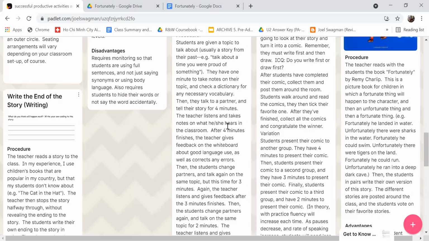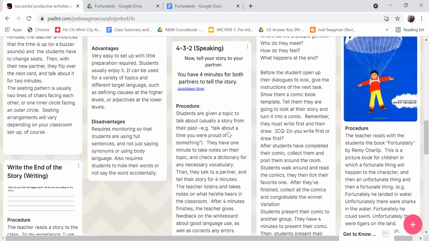The rationale behind having the students speak so many times is that the first time they're telling their story, they're so focused on the message of what they want to say that they don't have any attention left over to attend to accuracy issues like grammar or pronunciation, articulation issues.